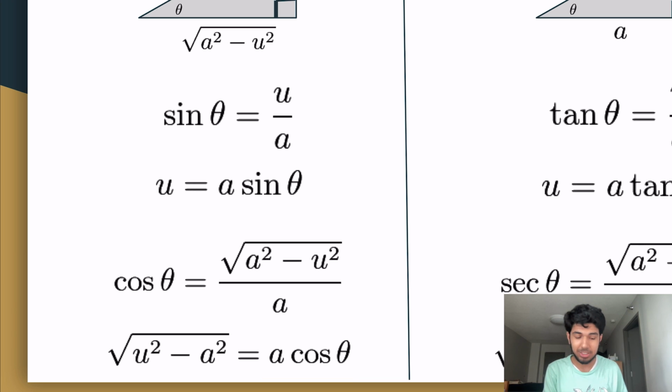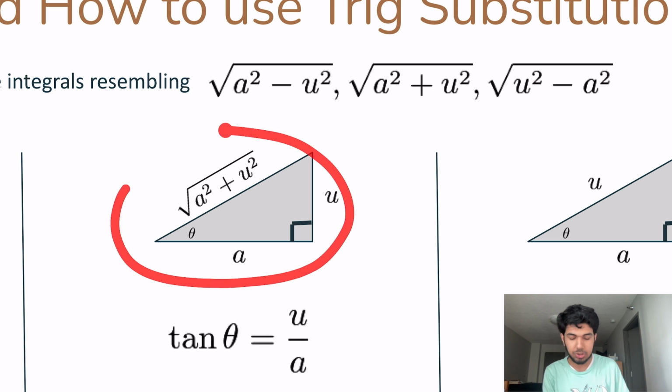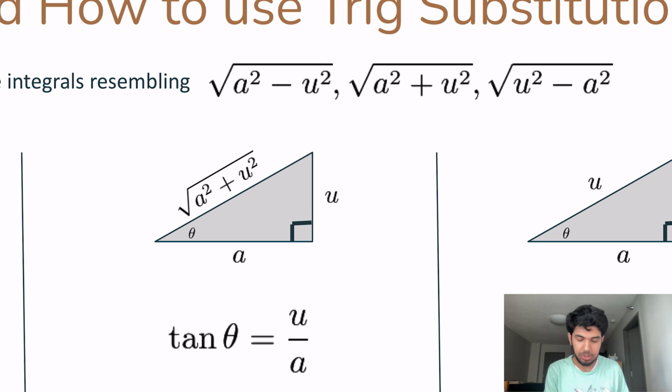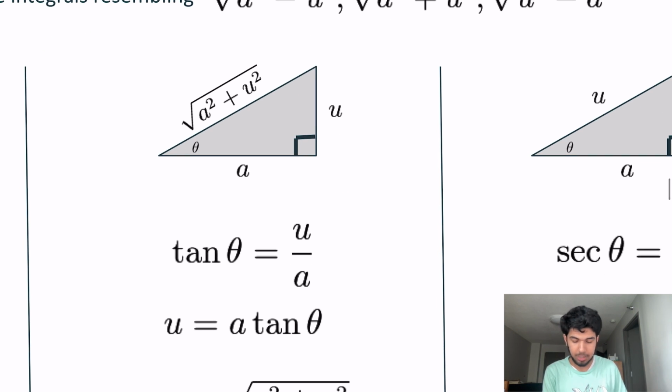Trig substitution. In the case we see the square root of a squared plus u squared, we do a similar thing. Construct this triangle. Notice the side lengths are a little bit different now. We have the square root of a squared plus u squared on the hypotenuse, and then the legs are u and a. Now we'll consider the tangent of theta, and we can conclude that u equals a tangent of theta.